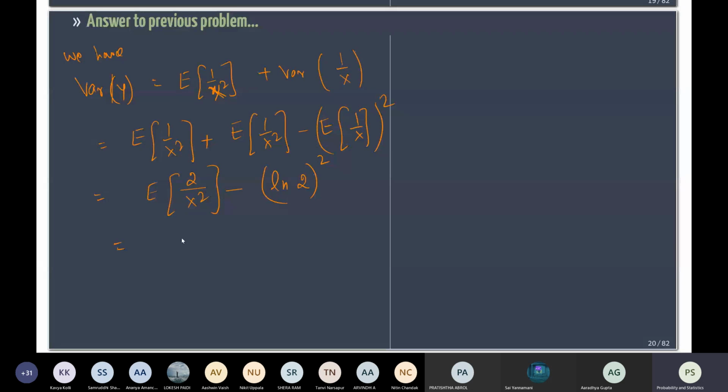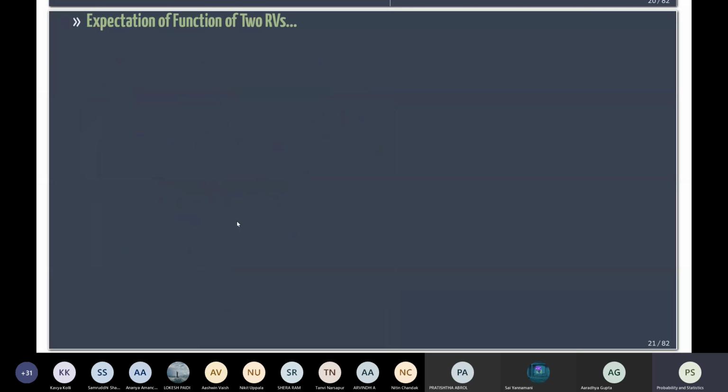I will just leave it. The limit is 1 to 2 of 1 over x squared times the PDF of x dx. If you integrate this out, you get some value, and then you can substitute there to solve the problem.